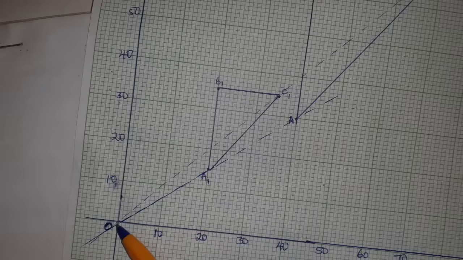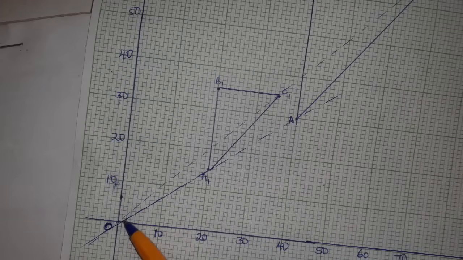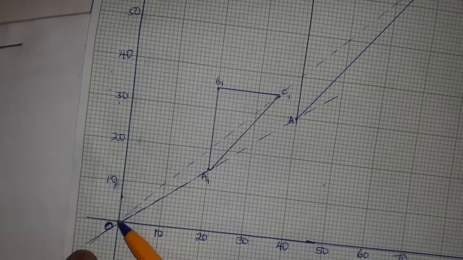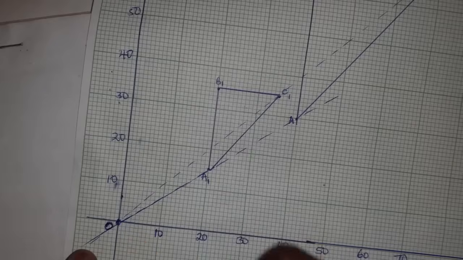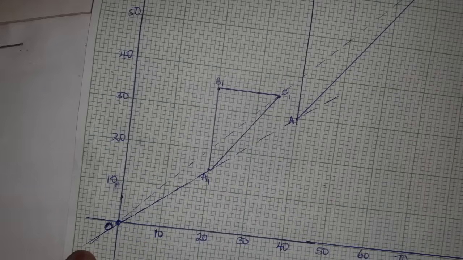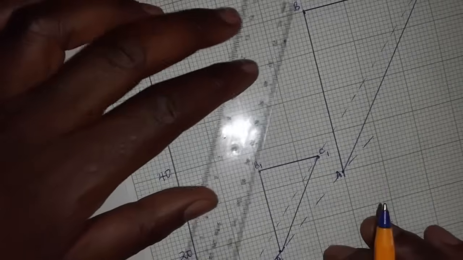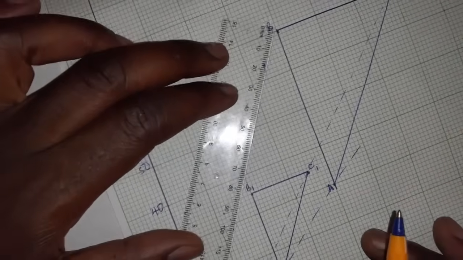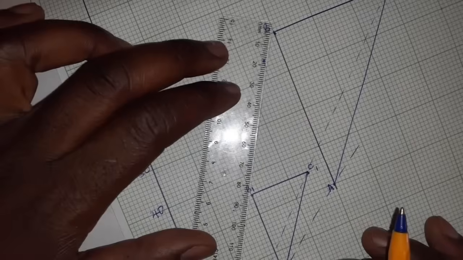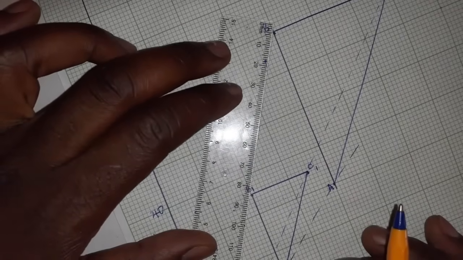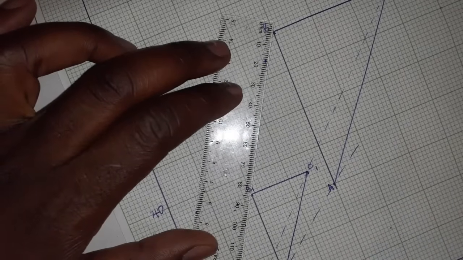At the point where they meet, that is the center of enlargement. Here the center of enlargement is the origin, which is (0,0). You can pick just two. If you want, you can also bring the third one here, and it will come straight to the same point also.